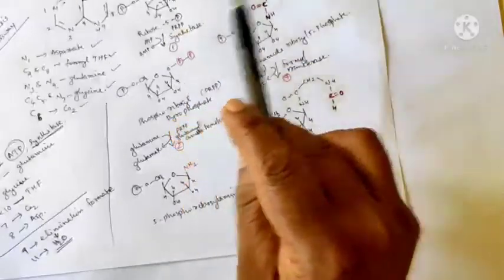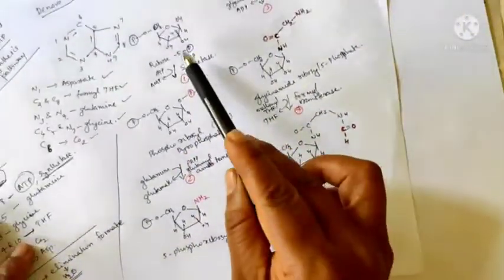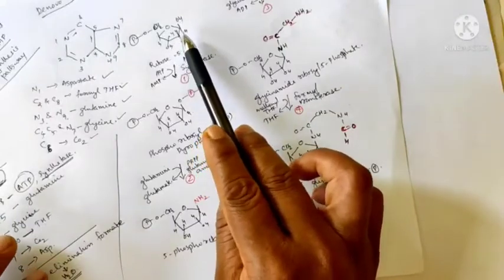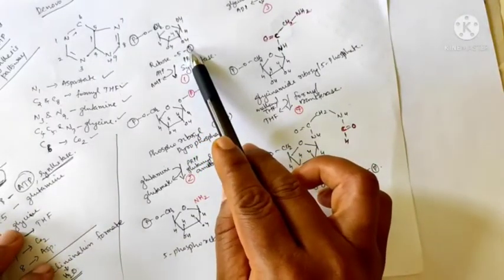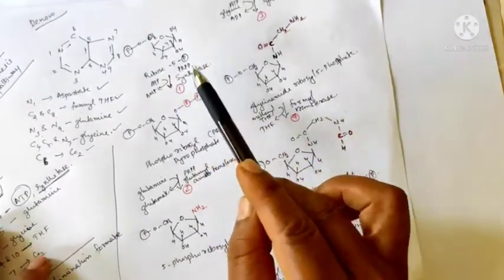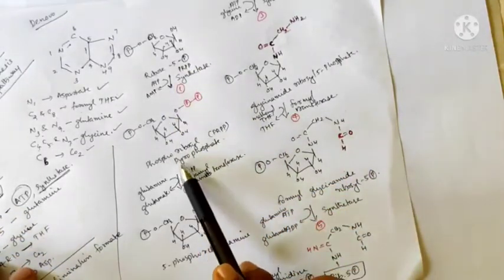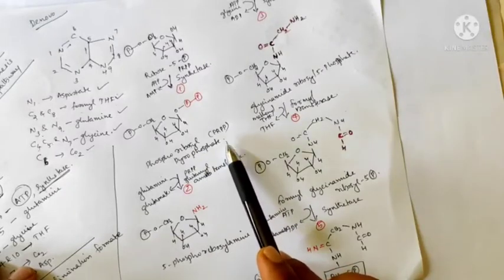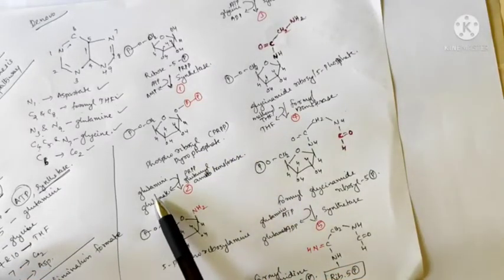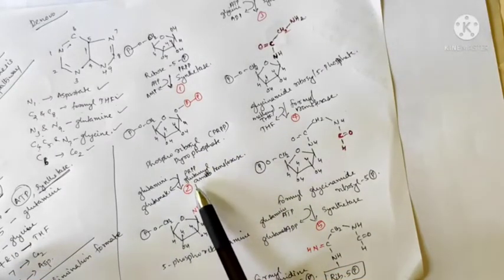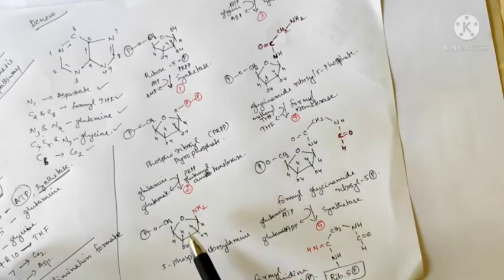So the first step: this de novo synthesis starts from a pre-existing ribose 5-phosphate. Then in the first step, with the synthetase enzyme and ATP, it converts into phosphoribosyl pyrophosphate, and in the second step it requires glutamine, glutamate amidotransferase enzyme, and converts into 5-phosphoribosylamine.